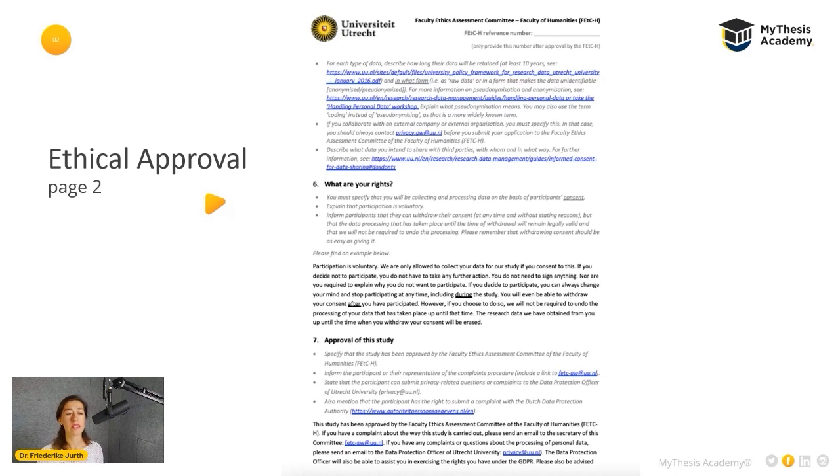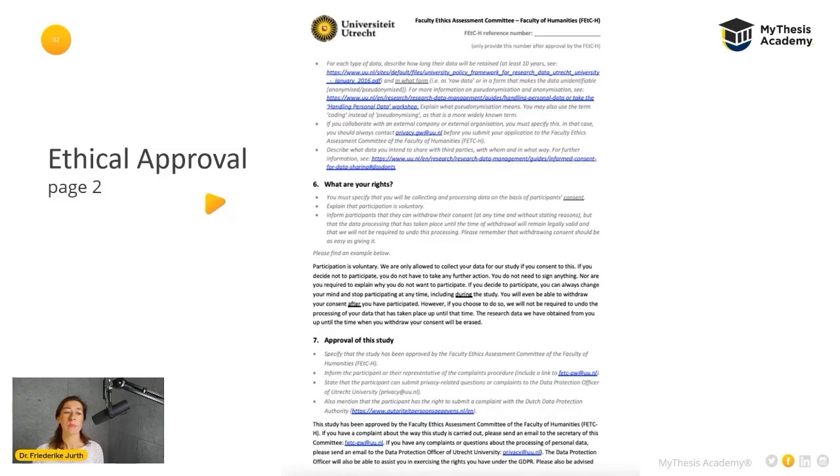And you also need to specify if you are collaborating with an external company or an external organization. This is similar to the question of funding, because this can also influence the process of collecting and retaining the data, and also the treatment of your data.